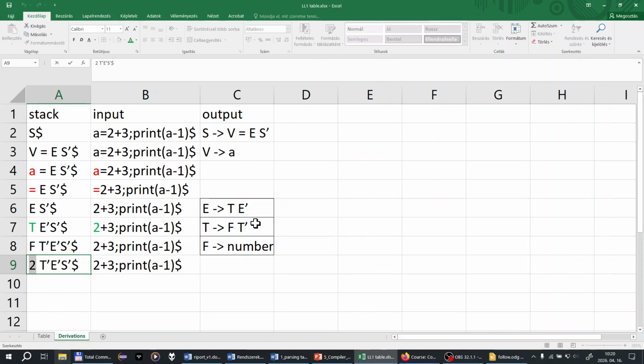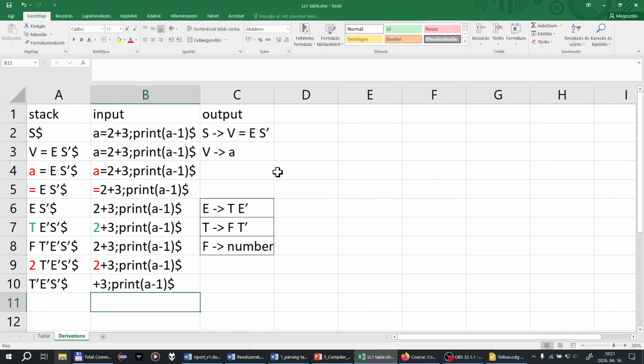So we have these twos both at the beginning of the input and top of the stack, so these are eliminated. And then we have T prime, E prime, S prime, dollar. And here we have a sequence started with a plus sign.